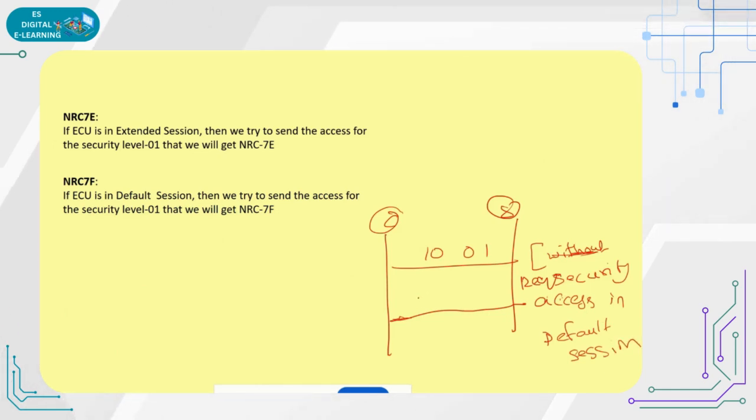Then we'll get 7F 10 7F. So you can write down this.